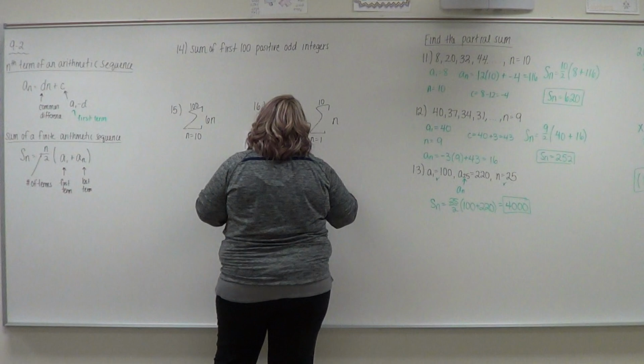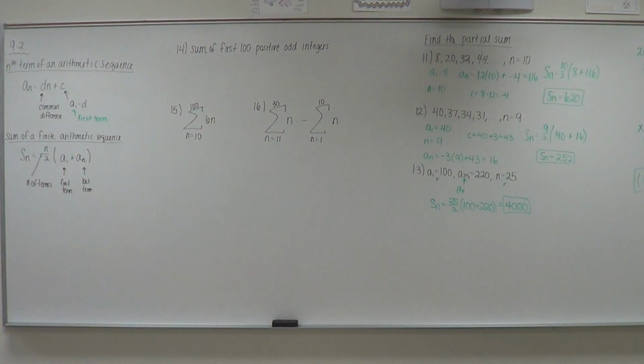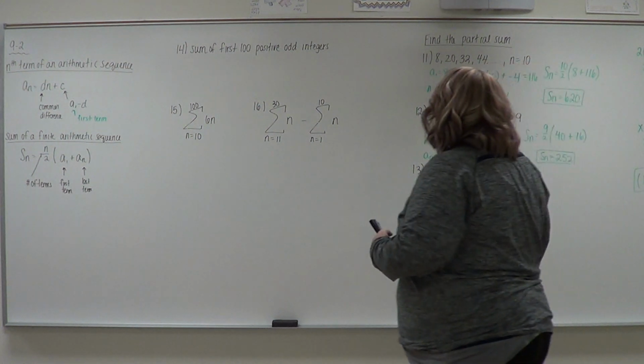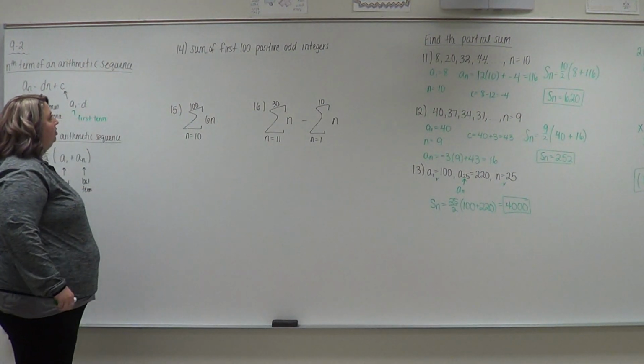Okay, so the last ones that we do. Number 14, the sum of the first 100 positive odd integers.